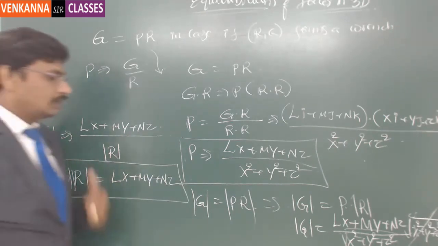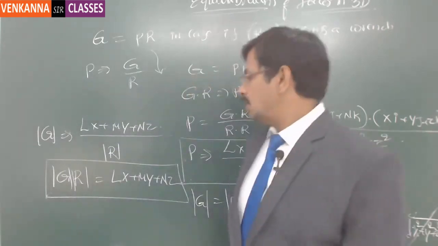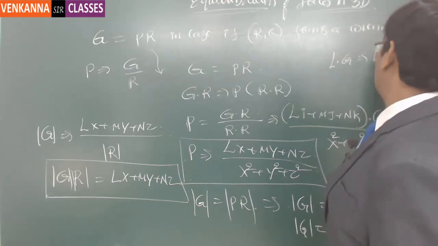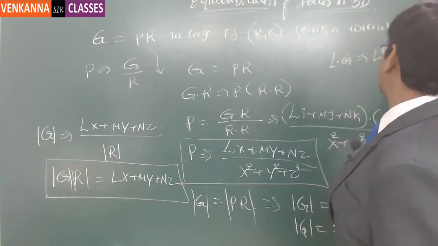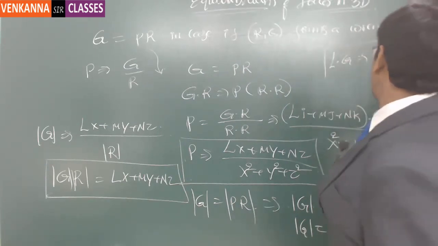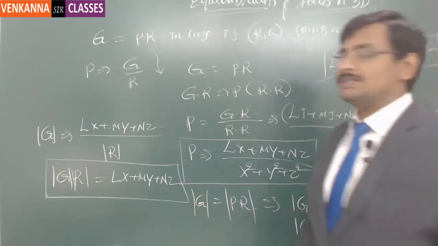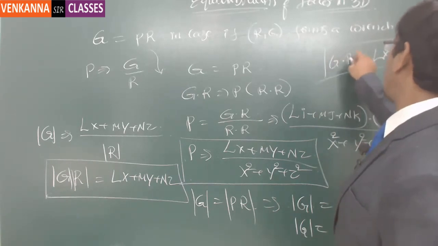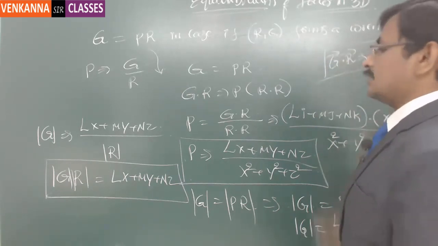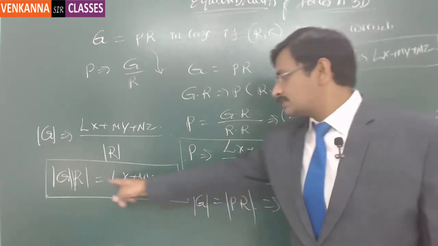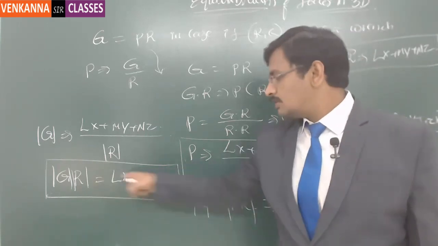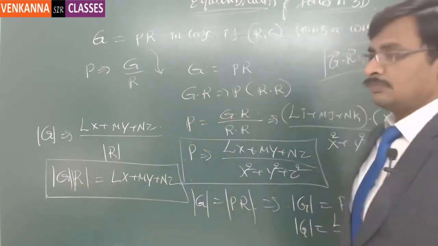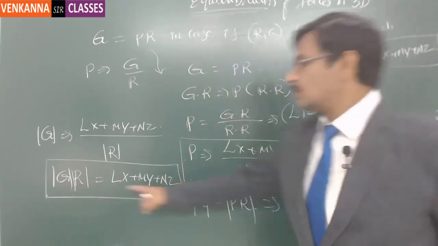Here, if you notice, we have taken the dot product of G dot R, which comes out to be Lx plus My plus Nz, and this we calculated yesterday. Now, in today's relation, we have proved that mod G into mod R is equal to Lx plus My plus Nz. What is the difference between this and this? Here a dot is there, and here only the mod is there.